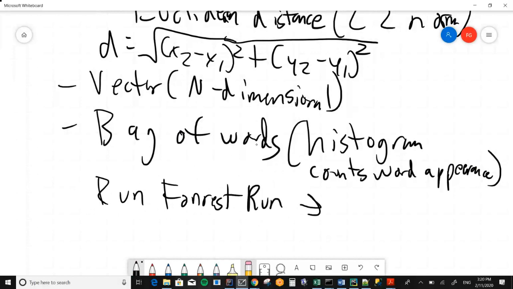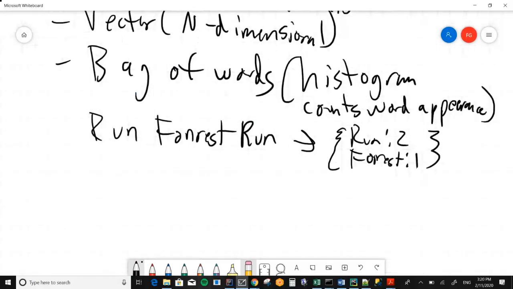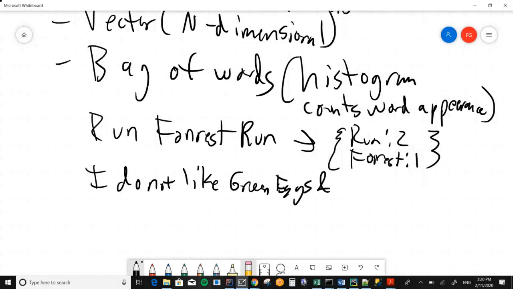So the bag of words representation is run: 2, forest: 1. So to calculate a Euclidean distance, we'll go with the green eggs and ham. I do not like green eggs and ham.